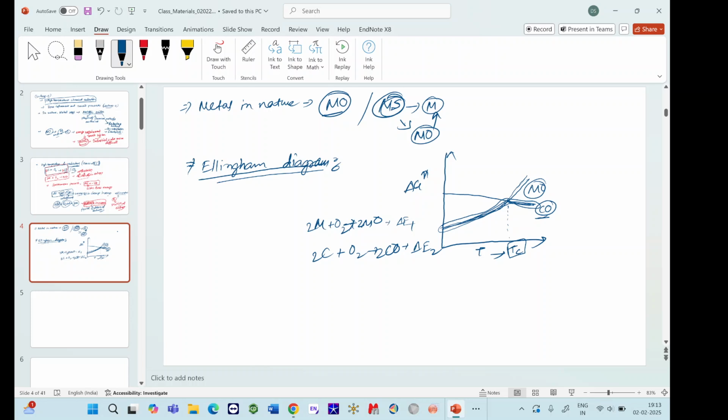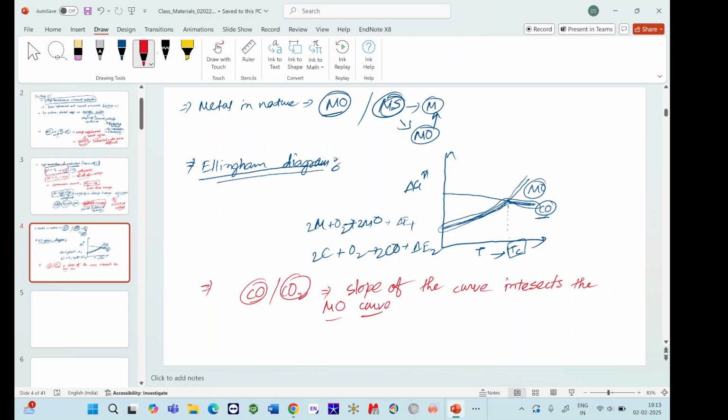And mostly why we use this charcoal, because only carbon monoxide, or for the carbon dioxide, the slope of the curve intersects the metal oxide curve.